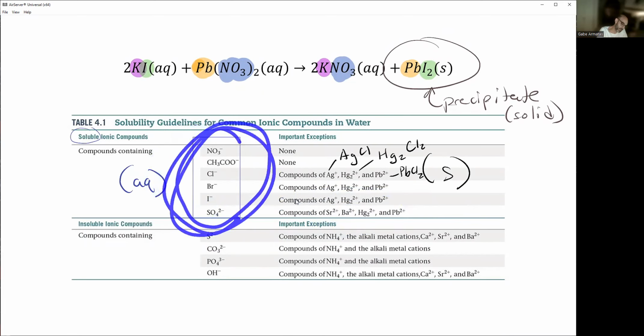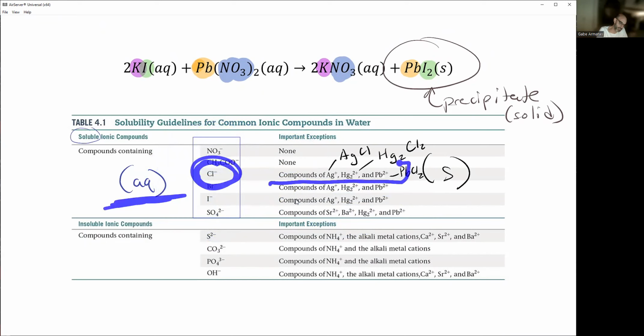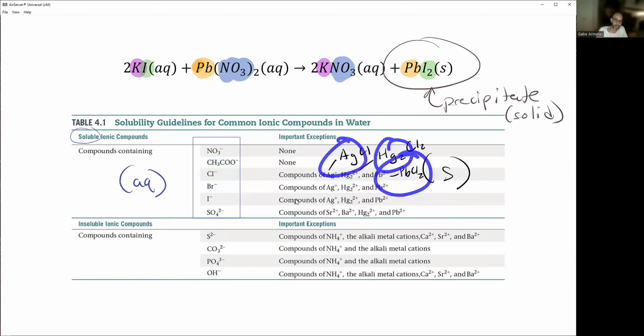Any nitrate, by the way, notice that any nitrate and acetate is immediately soluble. So any nitrate, acetate, any of these ions here are expected to be aqueous. So if I have a chloride, I'm just going to check this list and say, oh, actually, it's not silver, mercury, or lead. Fantastic. It's going to follow the rules, so it's aqueous. Okay, so that's how we deal with this.